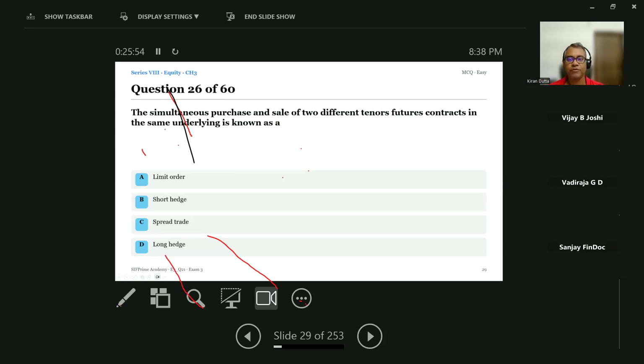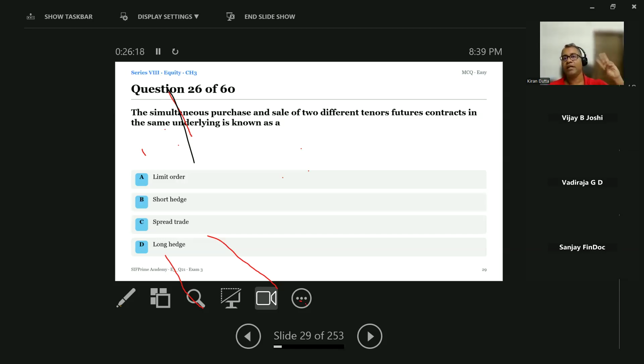Simultaneous purchase and sale of two different tenure future contracts in the same underlying is known as, yes, lovely, a spread trade. We discussed that.